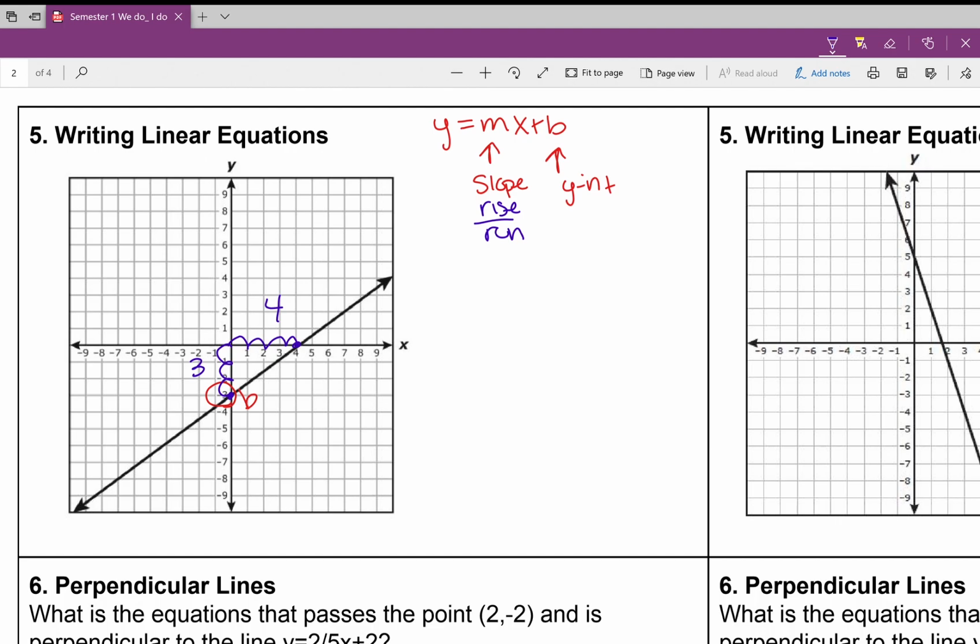So I'm going to write that over here, that m equals 3/4. And then we found b equal to -3. So then we're going to plug in these 2 values m and b into our function. y is equal to 3 over 4 x minus 3. That's our answer.